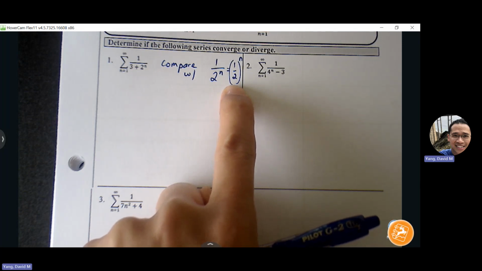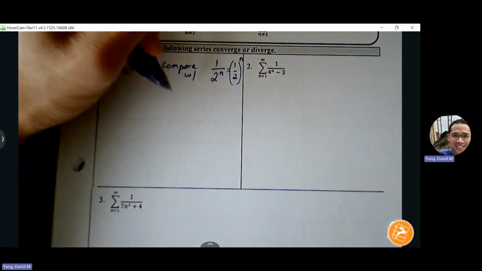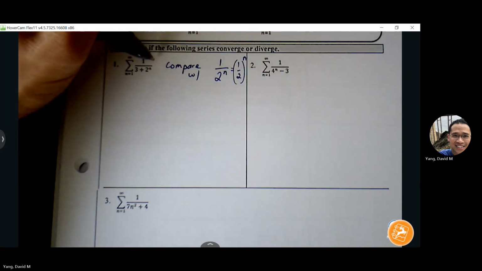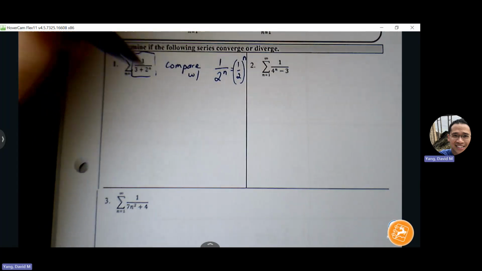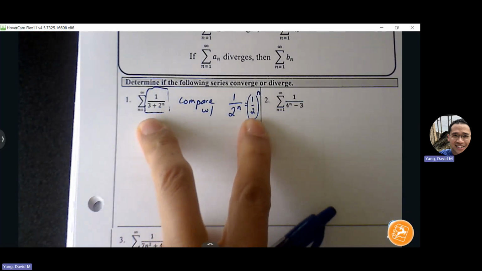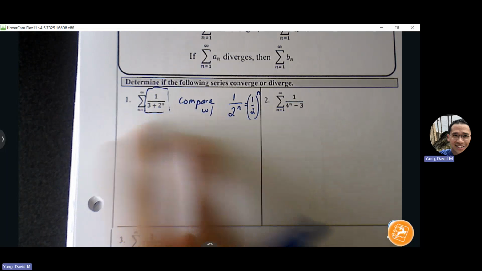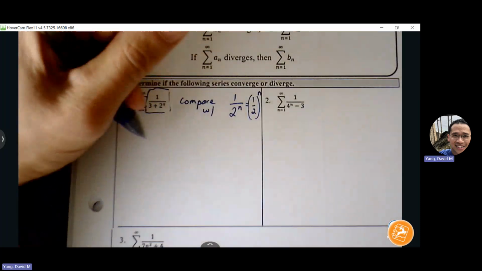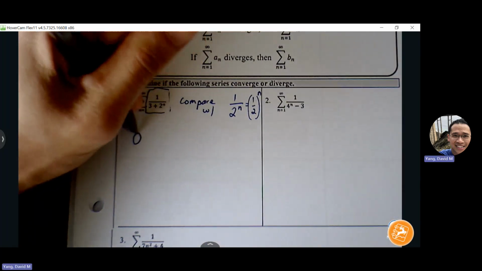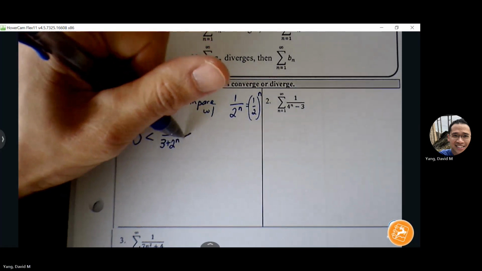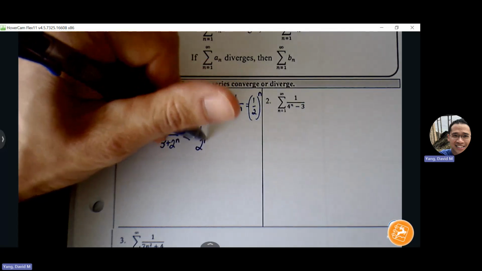So let's see what that relationship is. If I have a converging series, what is the relationship with this one here? Is this going to be smaller or larger than 1 over 2 to the n? It's going to be smaller, right? Because the more I increase the denominator, the smaller the value gets. So we know that 1 over 3 plus 2 to the n is less than 1 over 2 to the n.